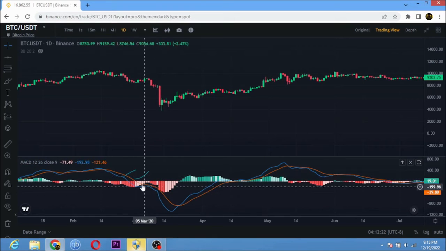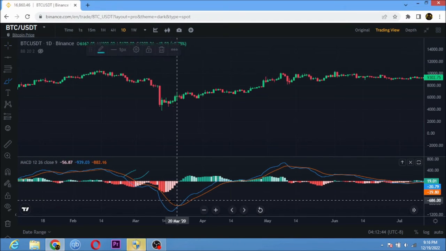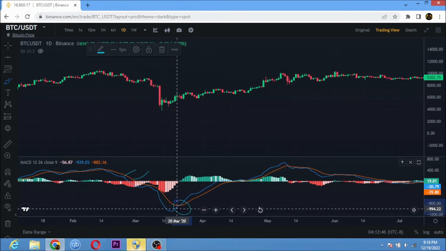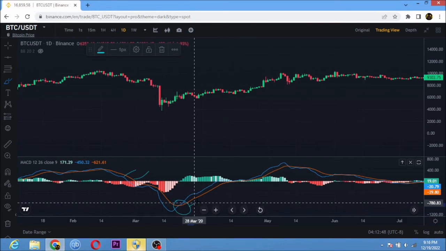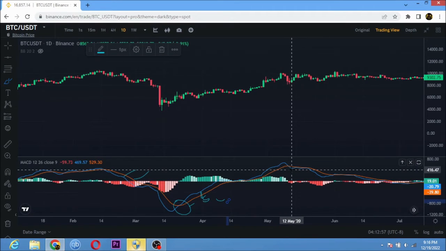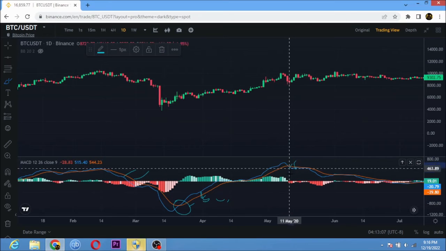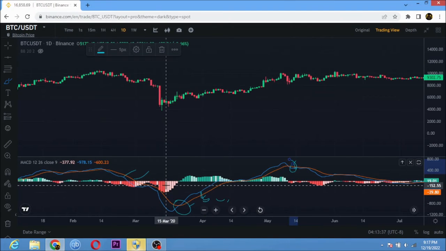The theory behind MACD is pretty simple. When you see a MACD line crossing up over a signal line, this is a buy signal. And when you see our MACD line crossing down below the signal line, this is a sell signal, as you can see from here. Another feature on MACD is our histogram, or volume.